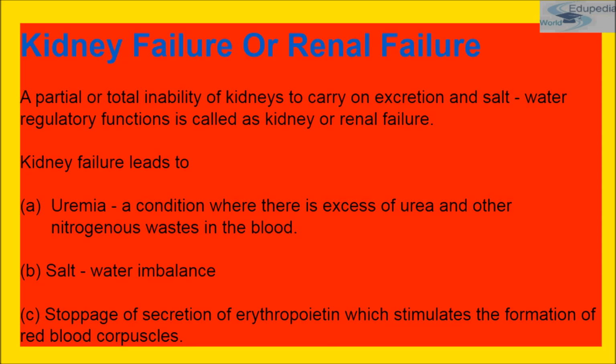Uremia is a condition where there is an excess of urea and other nitrogenous waste in the blood, and kidney failure also leads to salt-water imbalance. Kidney failure may also lead to stoppage of secretion of erythropoietin, which I have already taught you, and which stimulates the formation of RBCs.